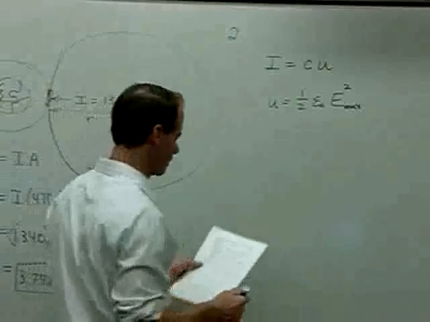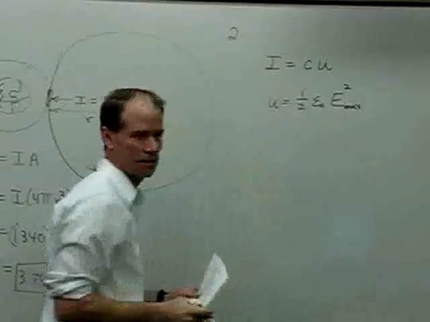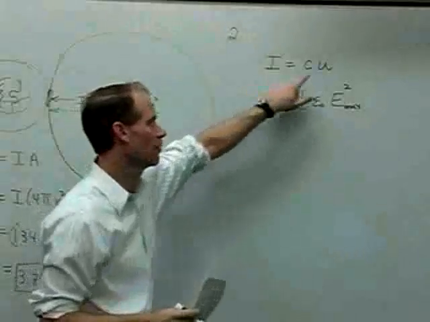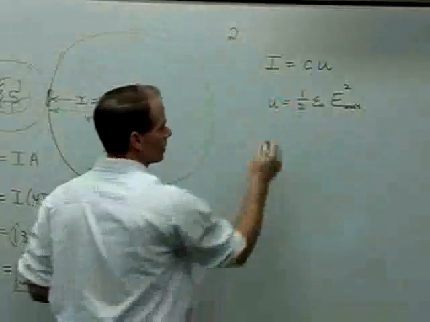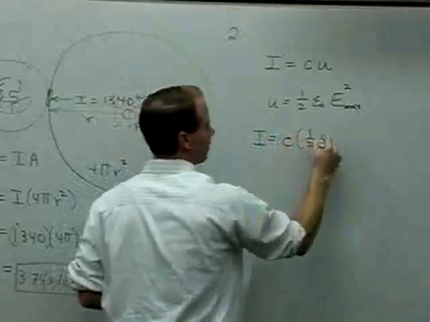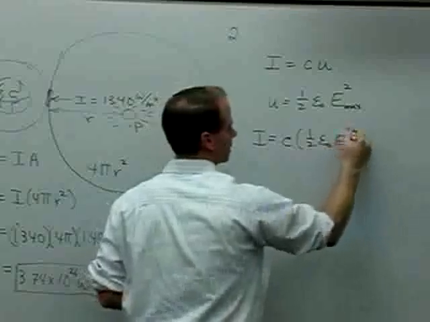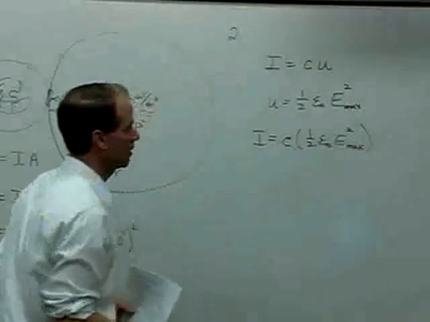And so in this case, we can solve this for the maximum E field because we're given the intensity in this problem, and of course we know what the speed of light is. So we'll say the intensity is equal to the speed of light times 1/2 permittivity of free space times E max squared.